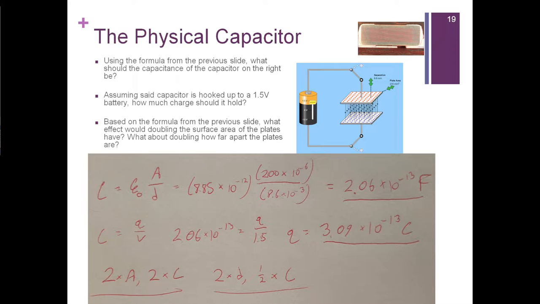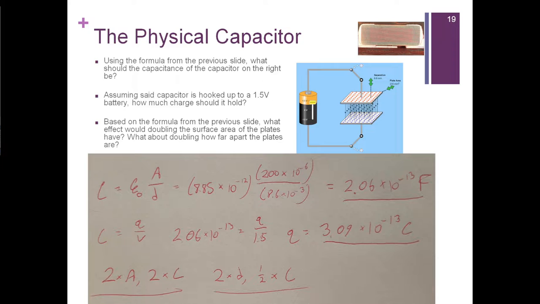Most real-life capacitors that, again, you could buy at Radio Shack. Is Radio Shack still open? It's the only place I know where you could historically just buy electrical components. Most commercially available capacitors will be in the microfarad range, which would be like times 10 to the negative 6th.